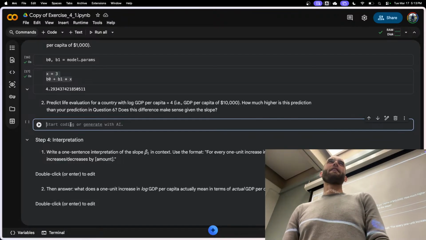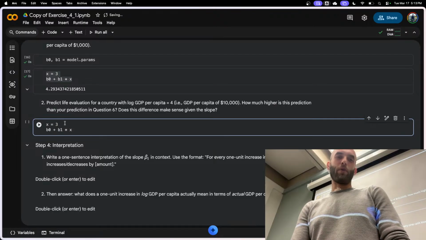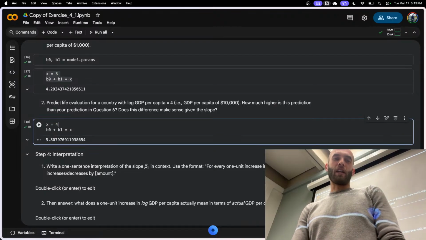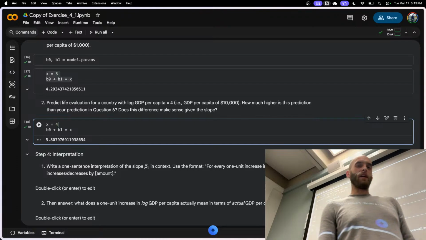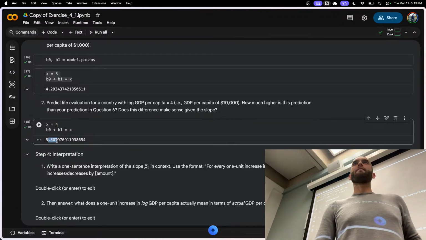Okay, someone help me out here. What's the number you got? 5.8. All we do is we plug in 4 instead of 3 for x, and we get roughly 5.8. Any questions here?